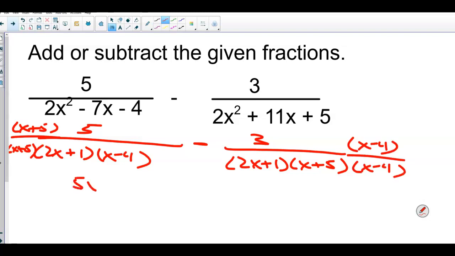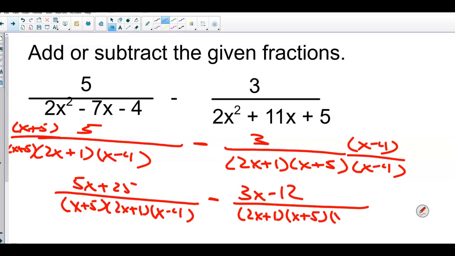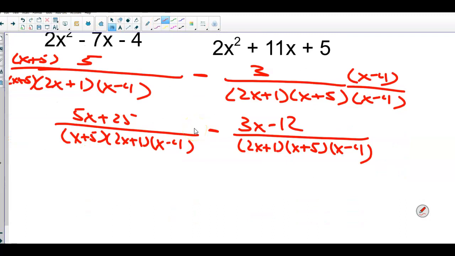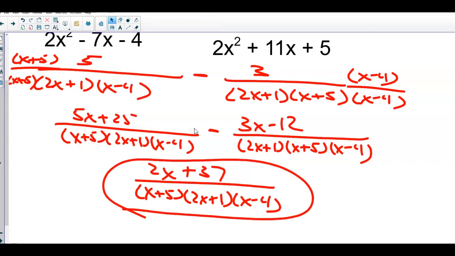And it's 5x plus 25 over x plus 5, 2x plus 1, x minus 4, minus 3x minus 12, over 2x plus 1, x plus 5, x minus 4. Scroll it down. x plus 5, 2x plus 1, x minus 4. 5x minus 3x is 2x. 25 minus a negative 12 is plus 37. And that is our answer.